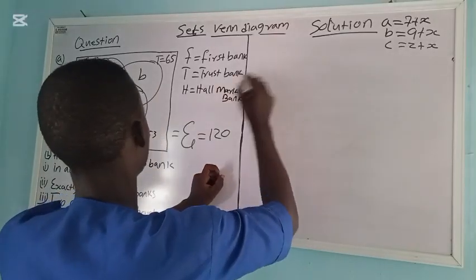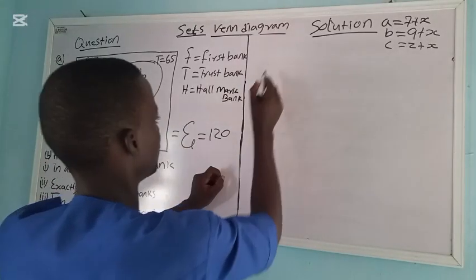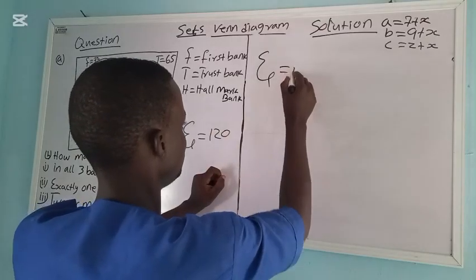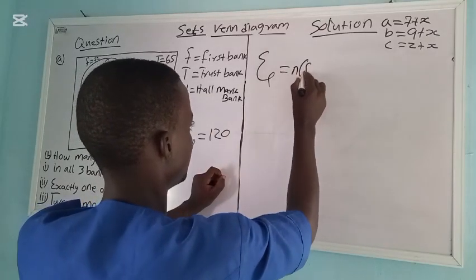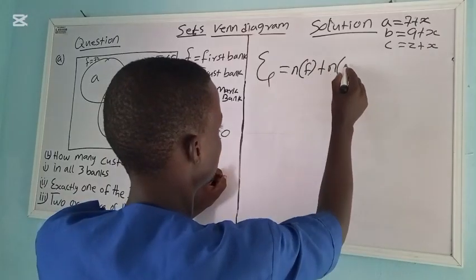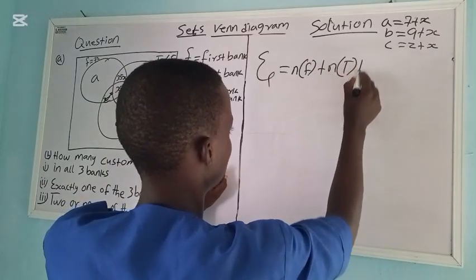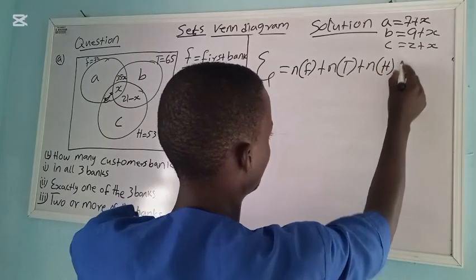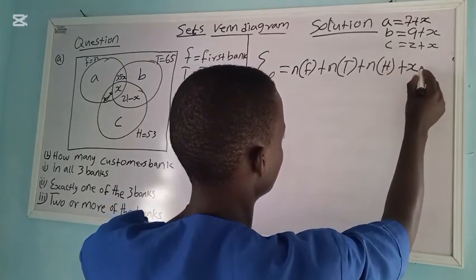So we have this one is equal to n(F) plus n(T) plus n(H) plus x.